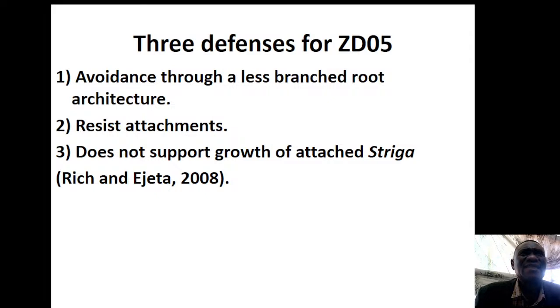Again, it doesn't support growth of attached Striga. So we can stop the life cycle, and then probably this genotype could help us to solve the Striga problem.